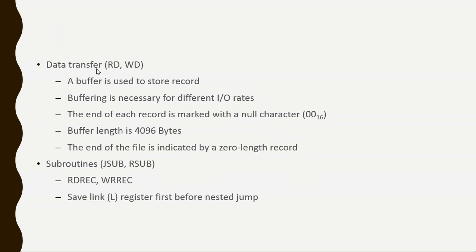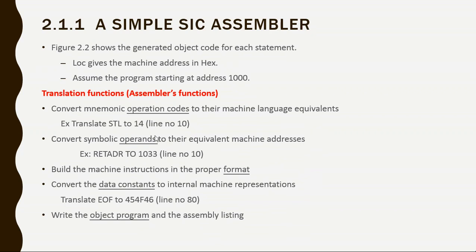Then the data buffer instructions RD and WD, read data and write data, are for input and output operations. Then JSUB jumps to a subroutine, and RSUB returns from the subroutine. So these two subroutines, RDREC and WRREC, are used in the program, and the return address will be stored in the link register.